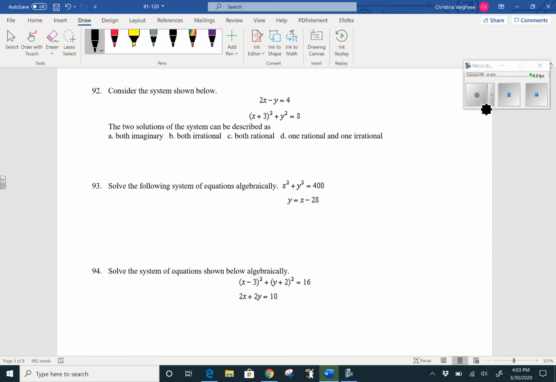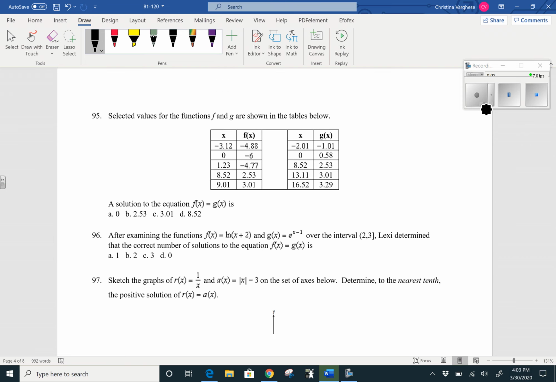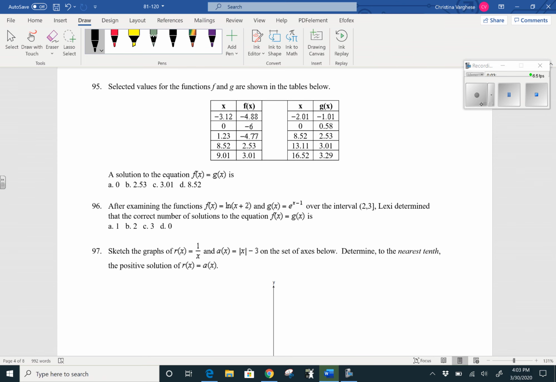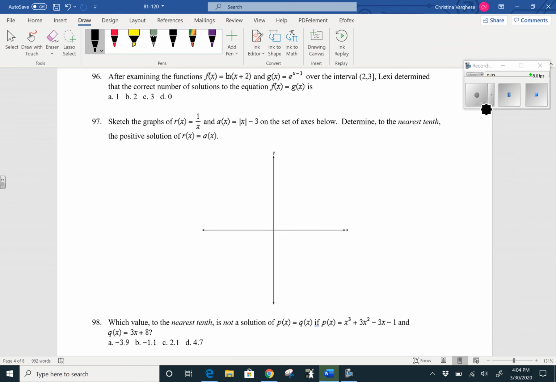Question number 93 is very similar; you need to do this algebraically. Wherever you see the y, you're going to plug in x minus 28, and then solve that using algebra 1. 94 is very similar. 95 is knowing what these numbers mean in a table. 96 and 97 are similar. For 97, you need to graph it on the axis below.